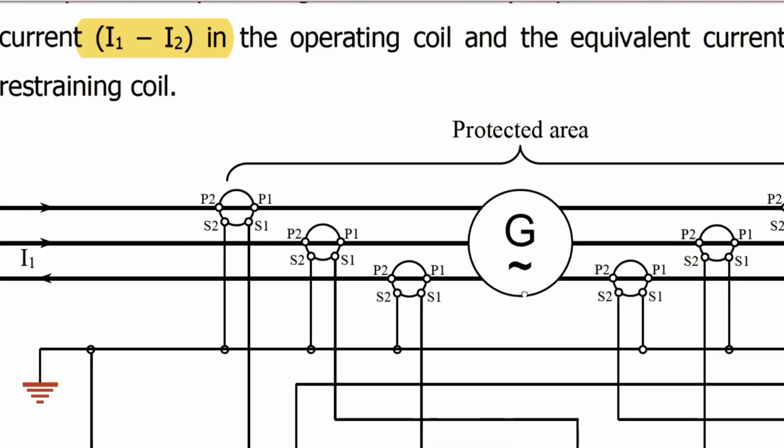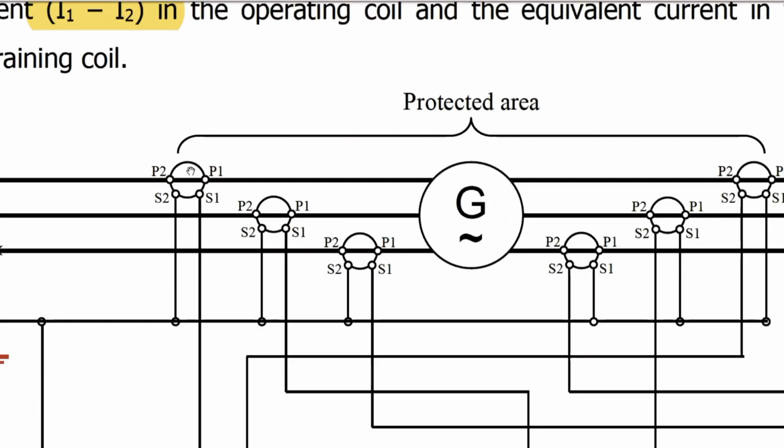And for this current transformer, for example this transformer and this transformer, two matching transformers are installed on the same phase, so that when the current is flowing from left to right in this phase, the same current will be flowing at this point also.